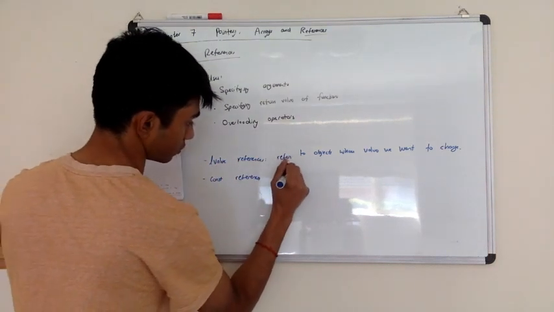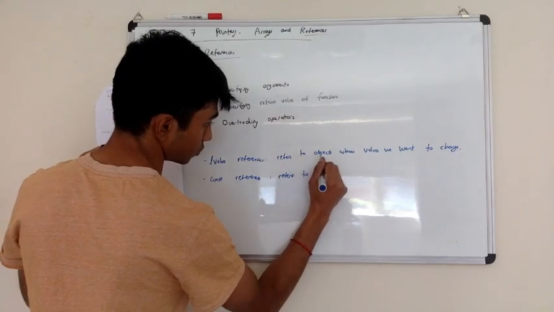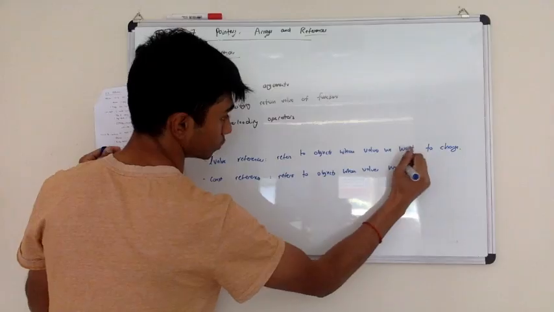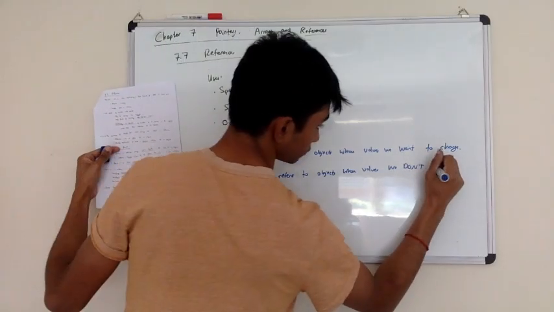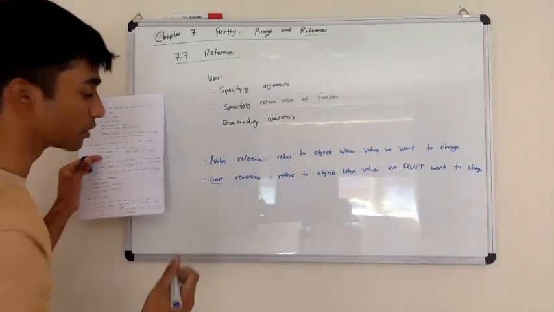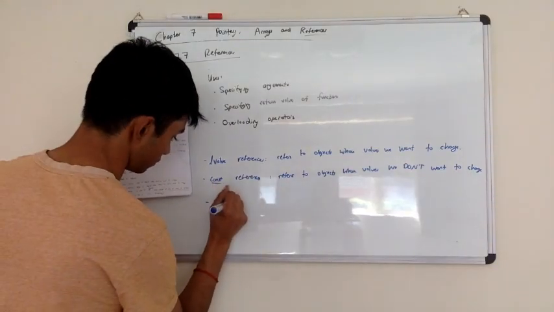which refer to objects whose values we don't want to change. Again, that word const is apparent. And finally, we have Rvalue references.